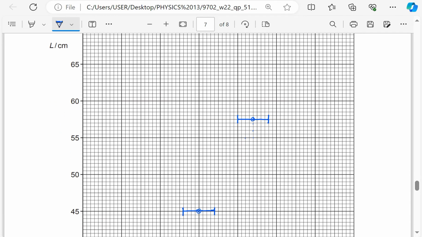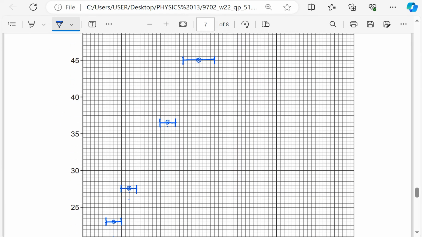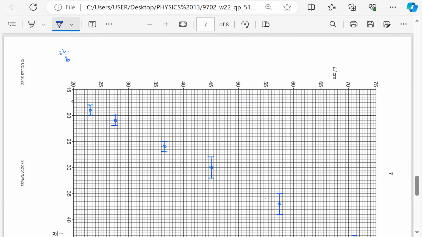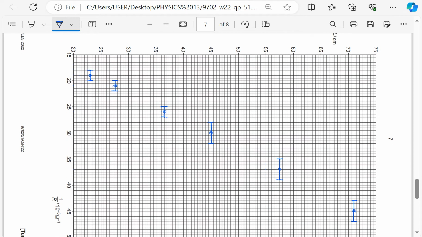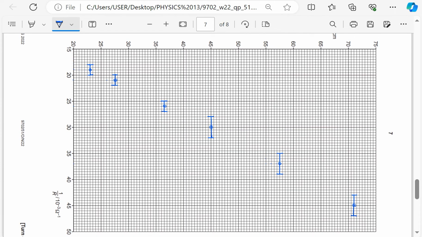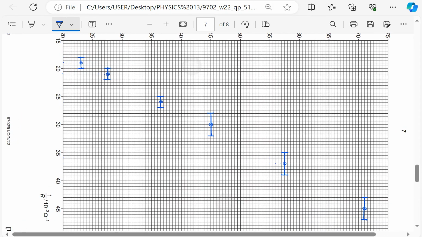Okay, so the next thing is to draw the line of best fit and line of worst fit. There's only one way I can do this. I'm going to first of all rotate this. And I'm going to ensure that this fits on the same page, because I must balance these points to make the line perfect.